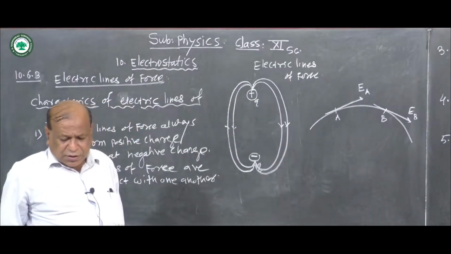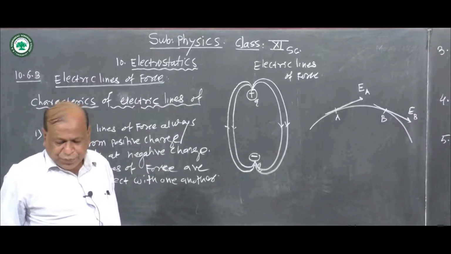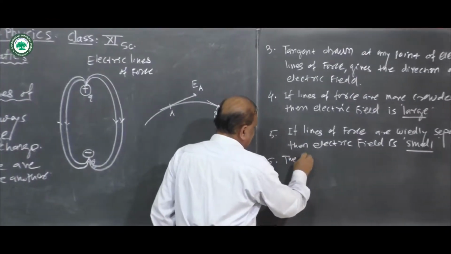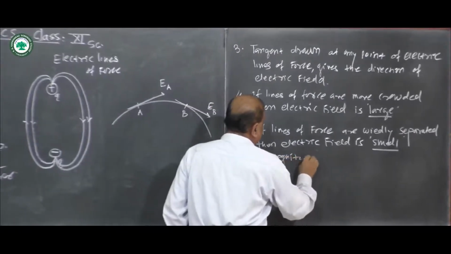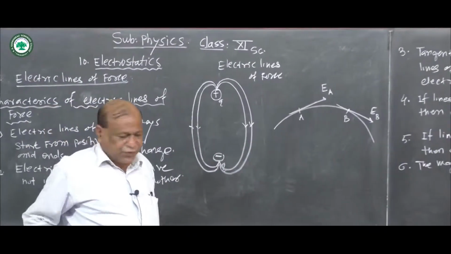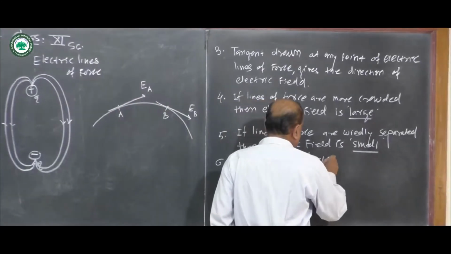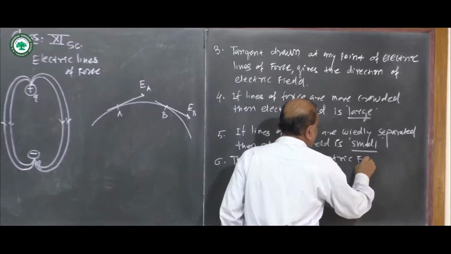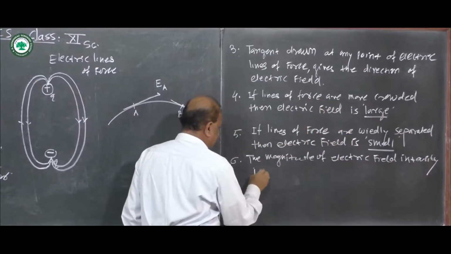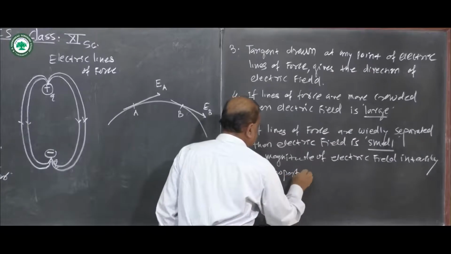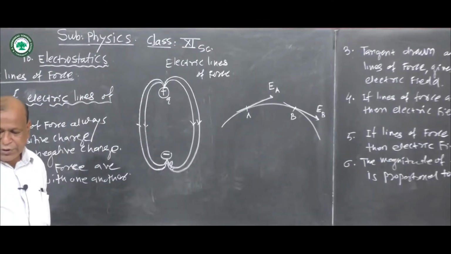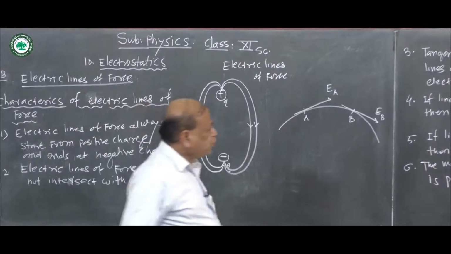Now again, the magnitude of electric field intensity is proportional to the number of lines of force per unit area.